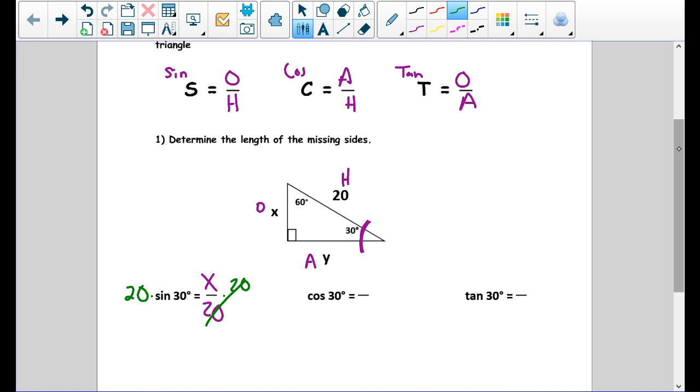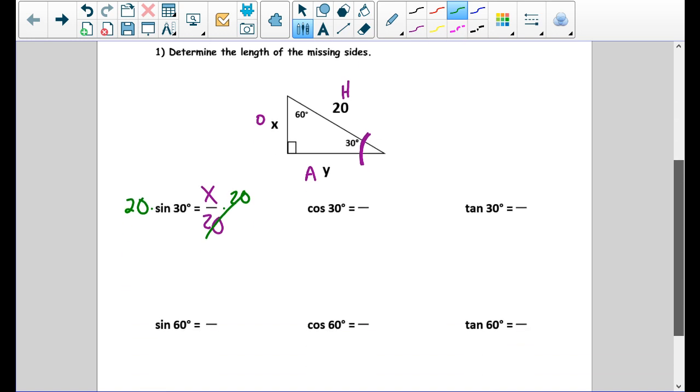So this is what we're plugging into our calculator: 20 sine 30. Go ahead and plug that in. No, 20 times sine 30, just like you see it. You get 10.